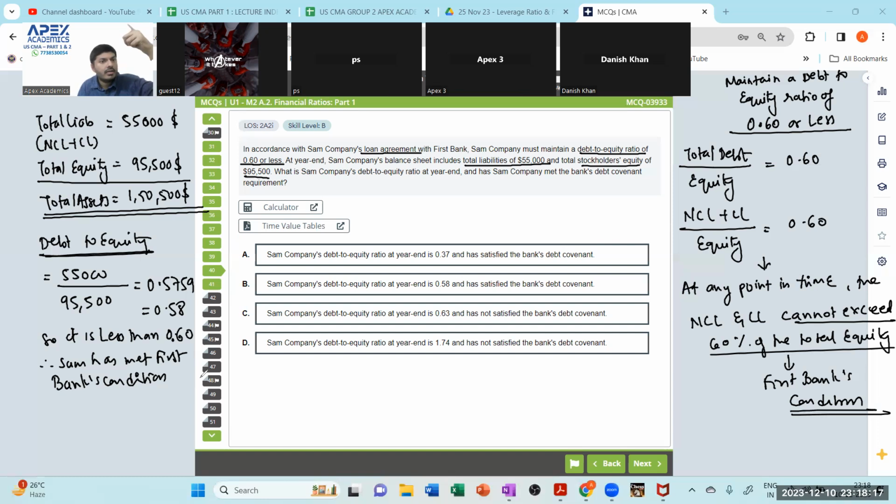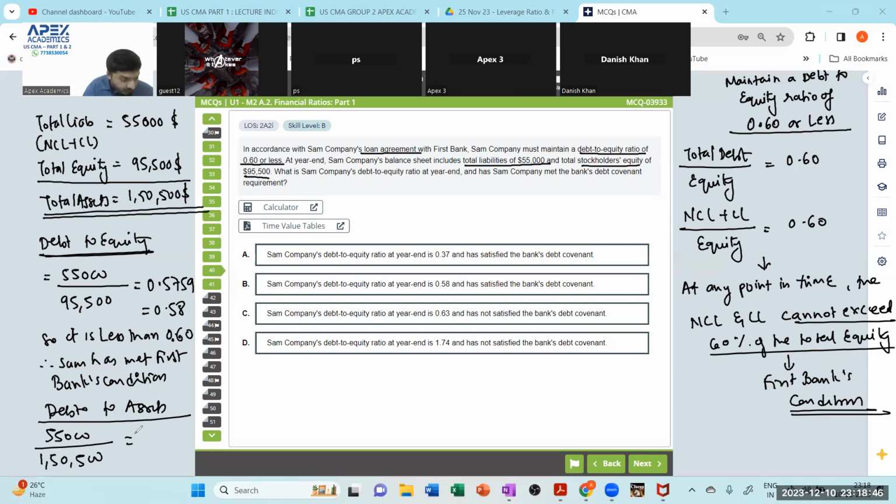Now go ahead. Now see what is ahead. Debt to equity. Now I'm just saying one more thing: debt to assets. Sir, why you are doing like this? Just because I can calculate. You should get the practice. What will it be? Total liabilities divided by total assets. 55,000 divided by 150,500.